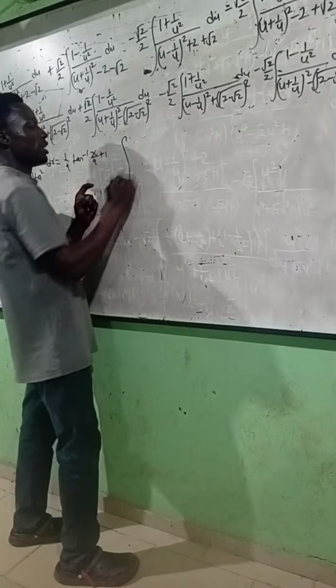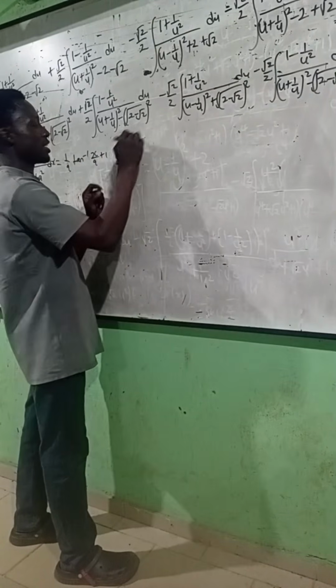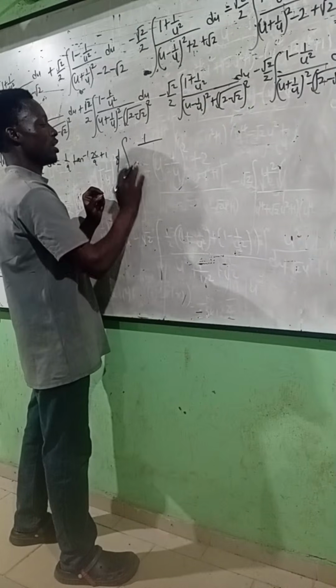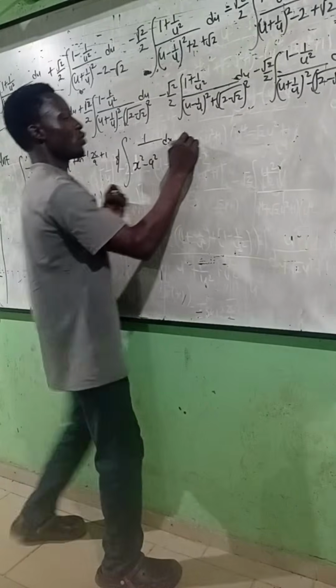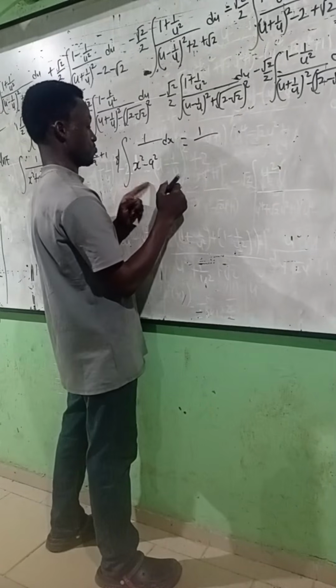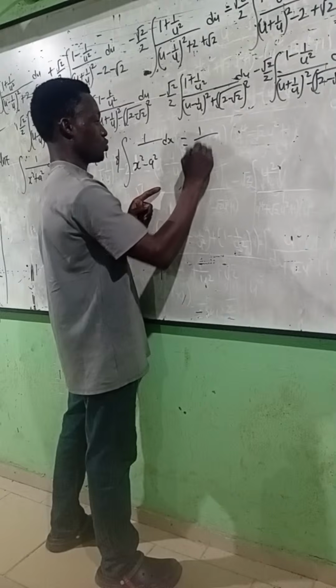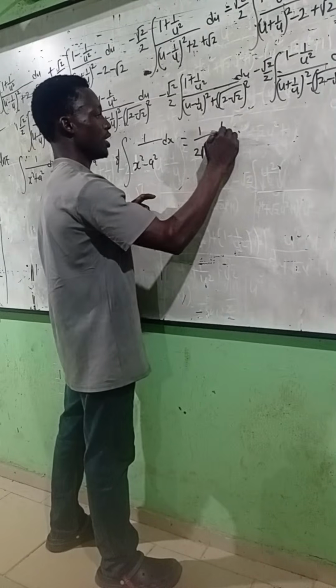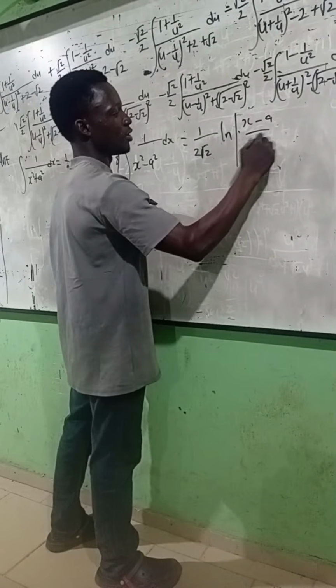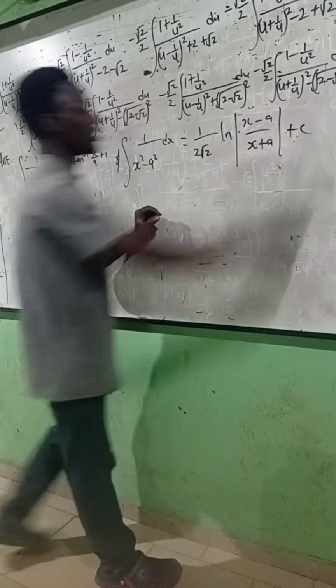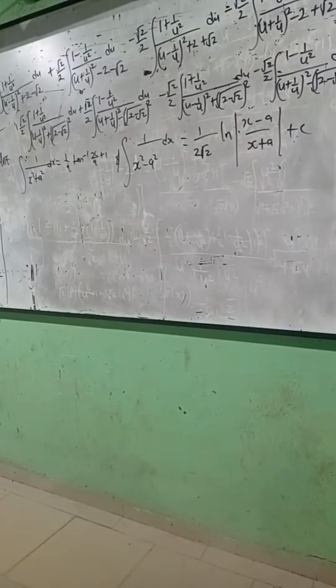And also the integral of 1 over x squared minus a squared dx equals 1 over 2a ln of (x minus a) over (x plus a), plus c. They are standard integrals, both of them.